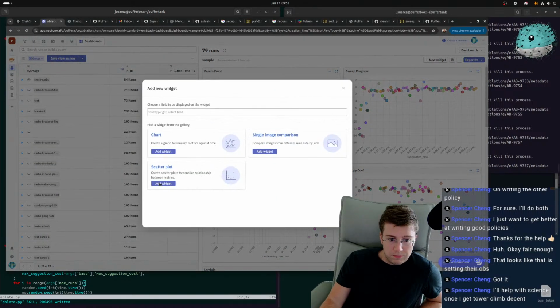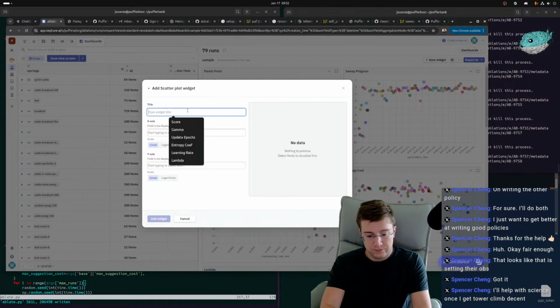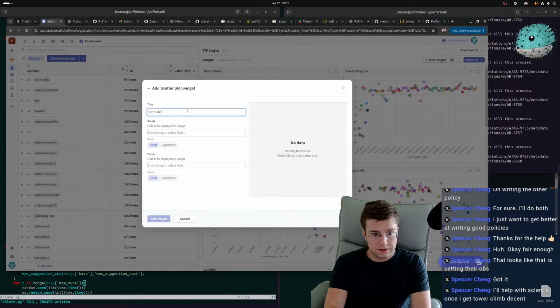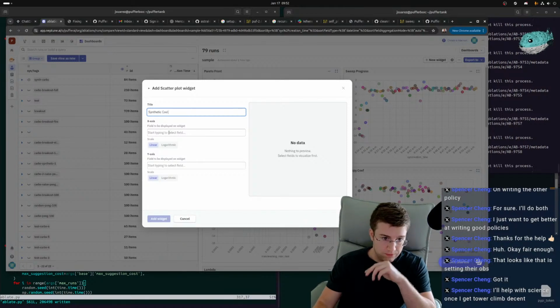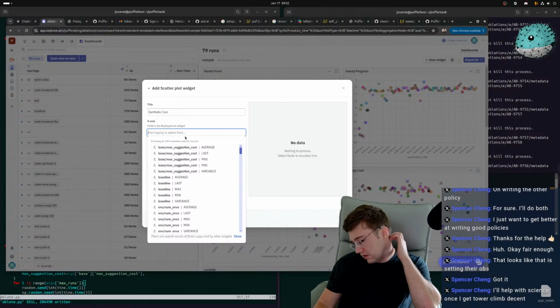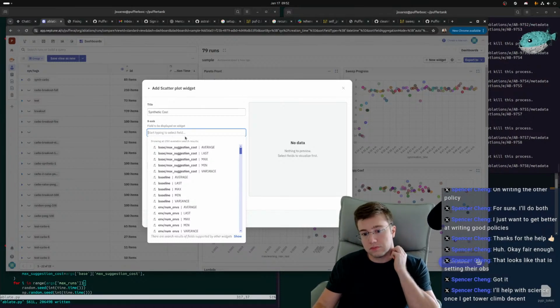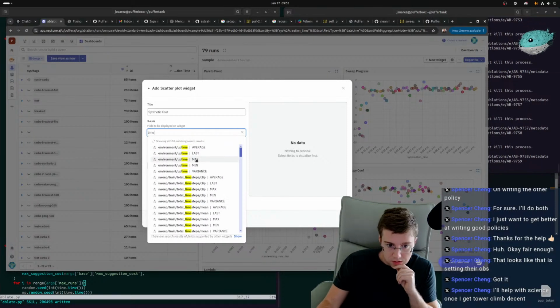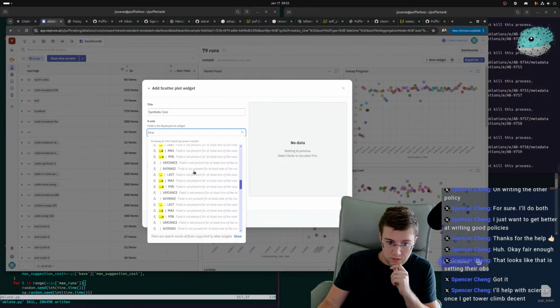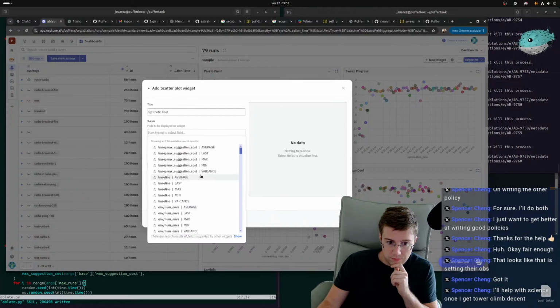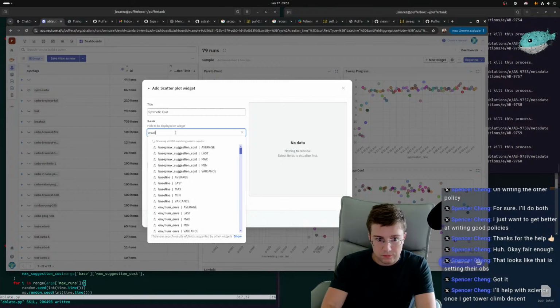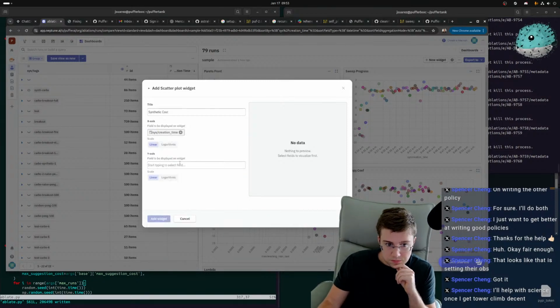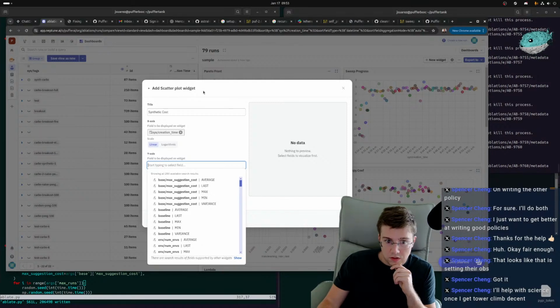Let me see. So we're going to do static cost. And then this is going to have on the x-axis, what we're going to do is time. Creation time. The y-axis. Well, no, that's not the right thing.